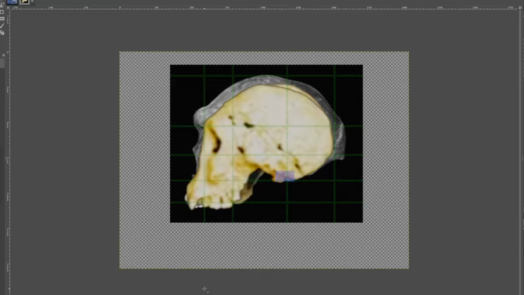So if you showed this to me and you were like, who is this? I would say it's possible that we're looking at a basal member of Homo erectus, but I would also say it could be as early as Australopithecus sediba. If I was a betting woman, I would say maybe Homo rudolfensis.